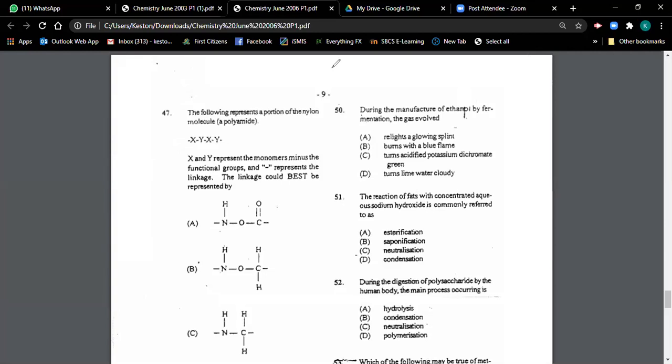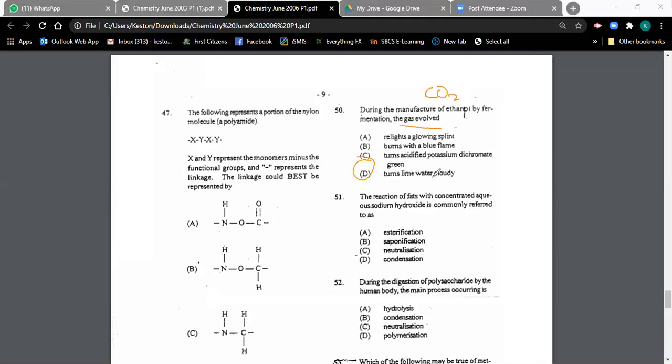Which one is this? A, D, or you mean the petroleum? Yeah, none of the others make sense. The gas evolved is carbon dioxide as a byproduct, and carbon dioxide gas turns lime water cloudy because of the carbonate in there, you get the calcium carbonate, milky white.